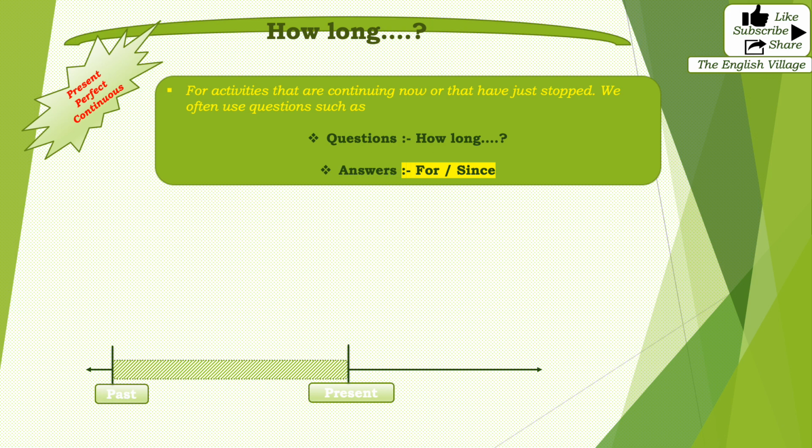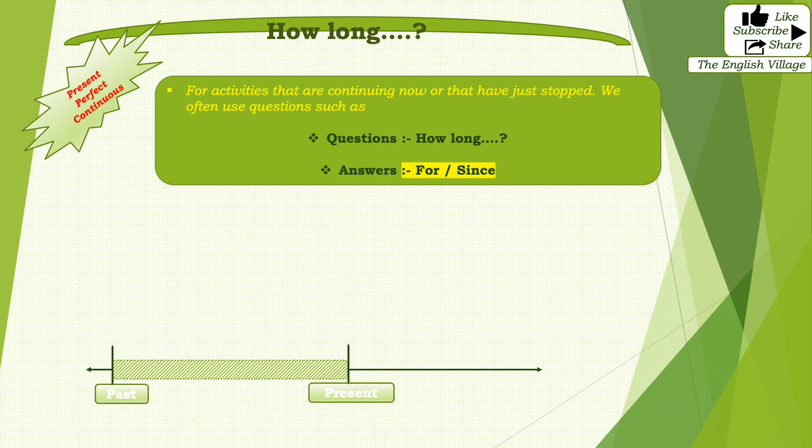You have seen in this visual that the action has started in the past and is continuing till the present. So let's learn what it means when we use how long with present perfect continuous for activities that are still continuing now or that have just stopped.